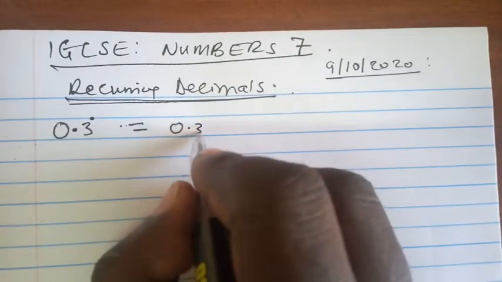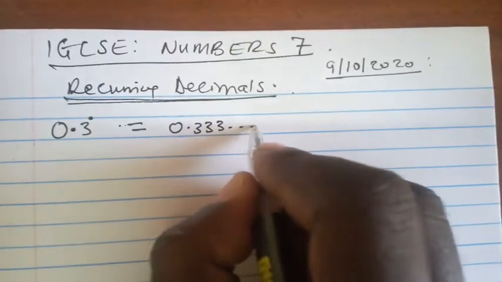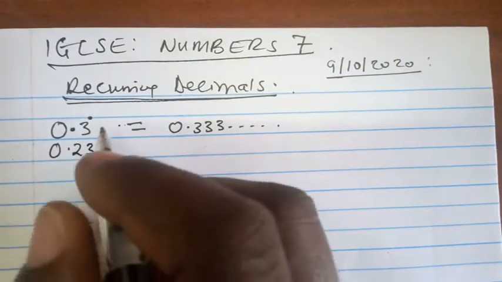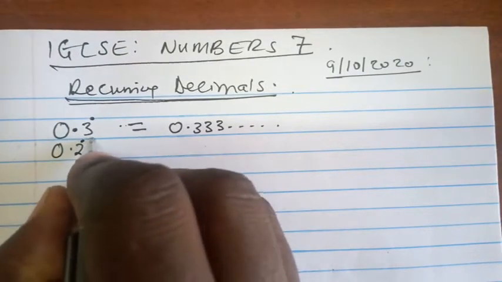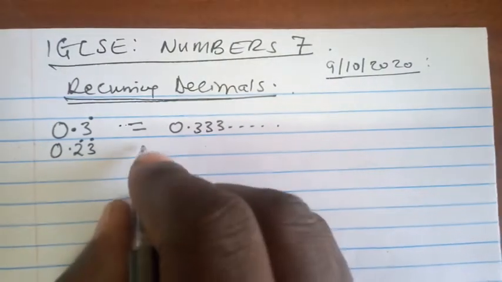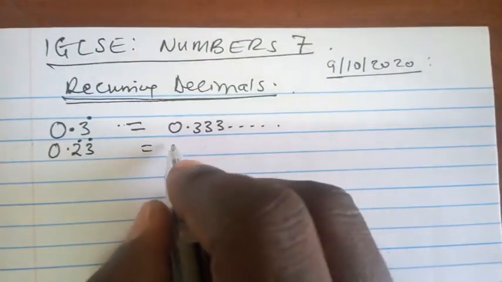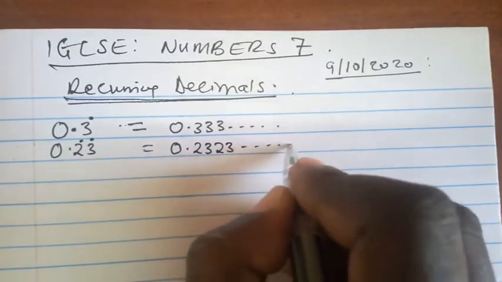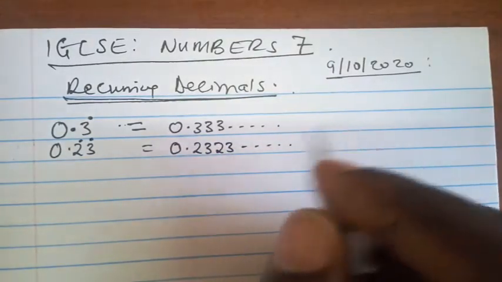So 0.333 and moving forward. If you write 0.23 and then there are 2 dots on top of the number, each one of them, this means the 2 numbers are the ones which recur, 0.2323 and moving forward.